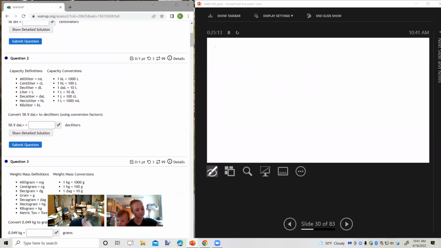So we're going to do something like question 2. It says convert 58.9 deciliters. How about if we take 63.7? Let's see. Convert.